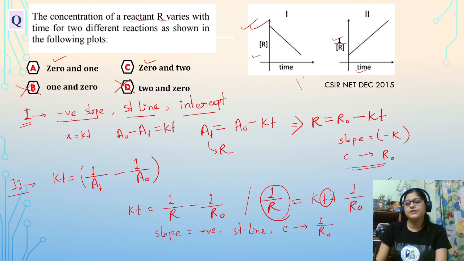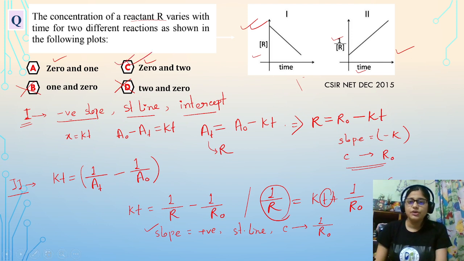Here the intercept value is not given, so let's not talk about this, but it has an intercept and a positive slope. So this will be a second order reaction. Clear? So C will be the answer.